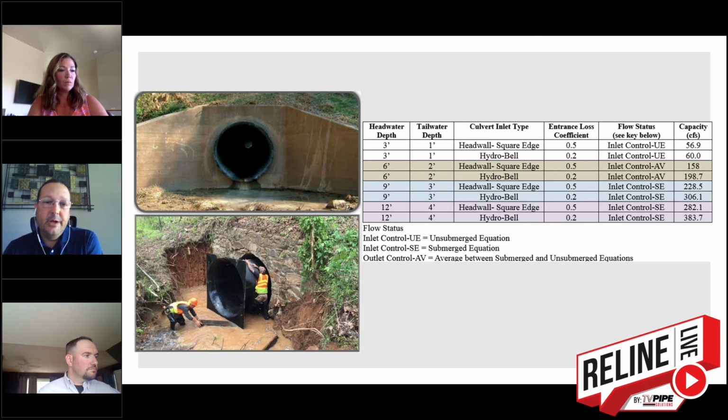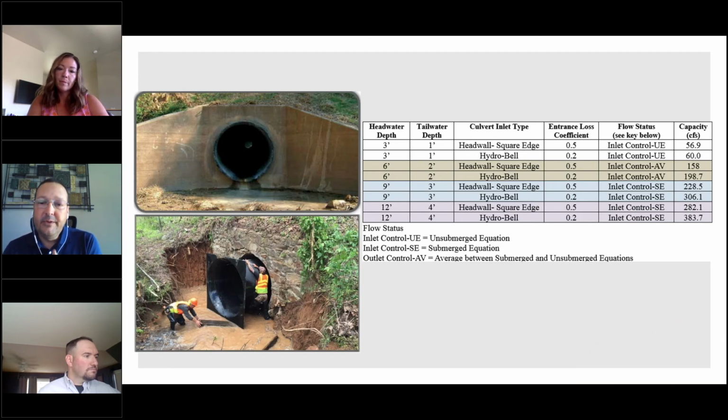But in our flow rates here, a headwall or a HydroBell, again, dealing with the same headwater depths and tailwater depths, we see a capacity of 50 to 60 on the low end, and then 280 to 380 on the higher headwater depths.